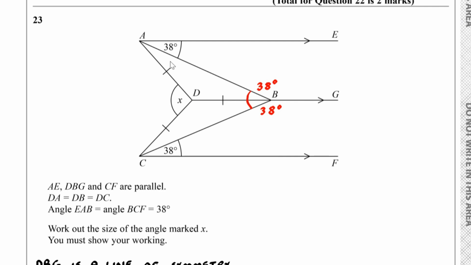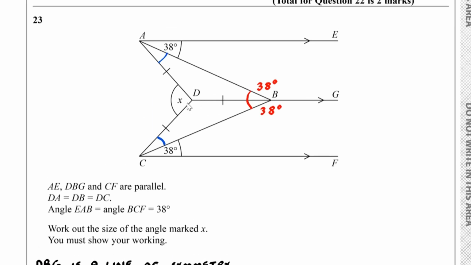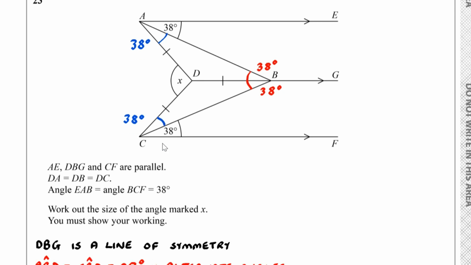Now before that, what we need is this angle, and we also need this angle here. And recognizing that we've got an isosceles triangle and the base angles in an isosceles triangle are equal, this angle is 38, this angle is also 38.